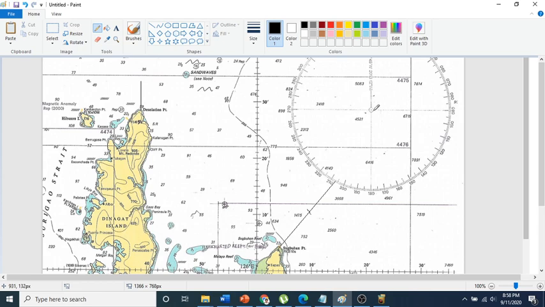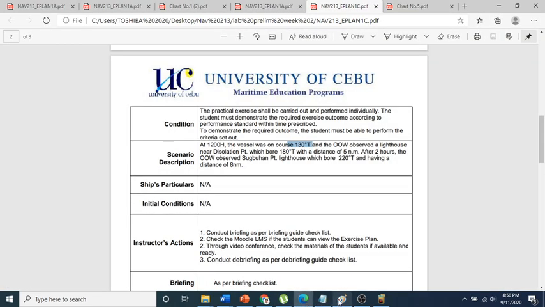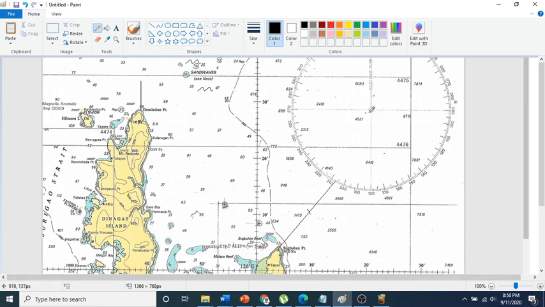So we measure 130 degrees true here, and move it here.